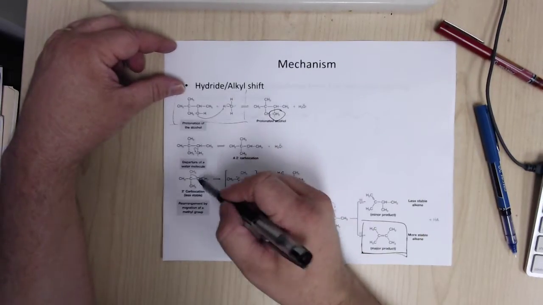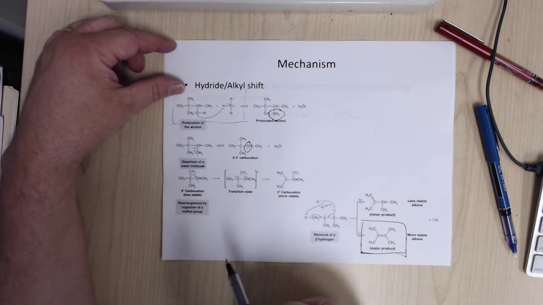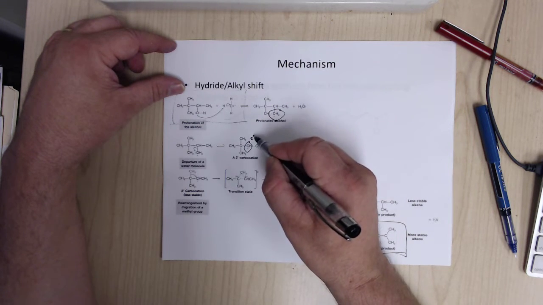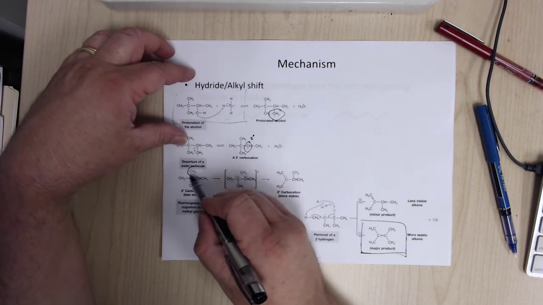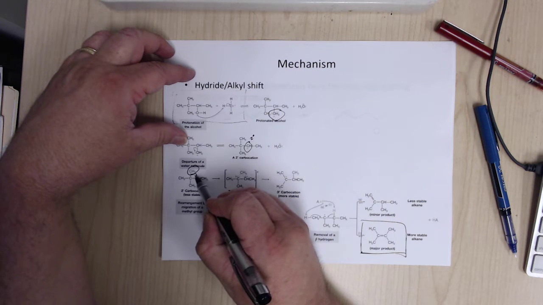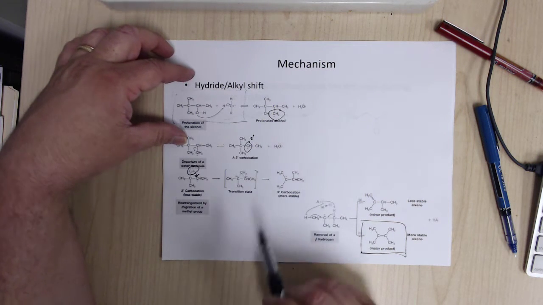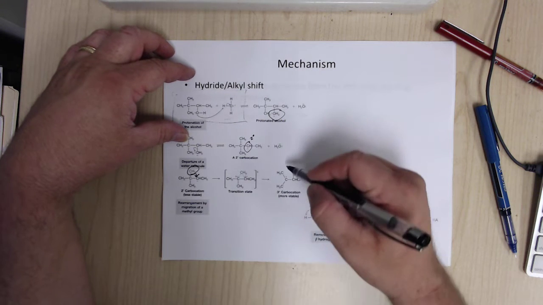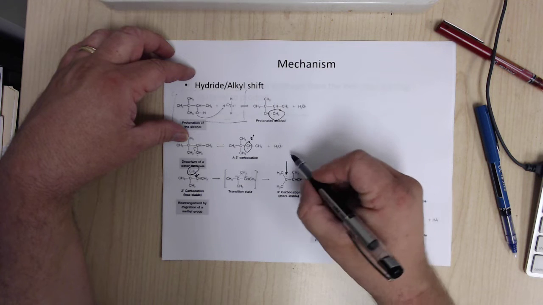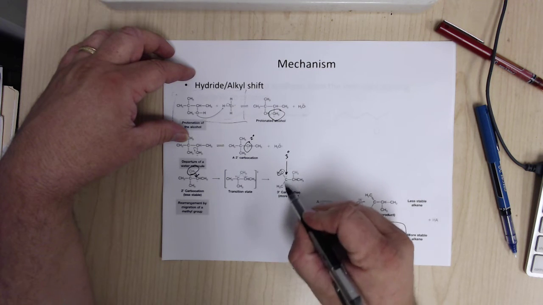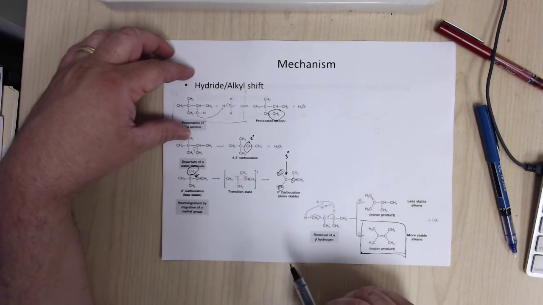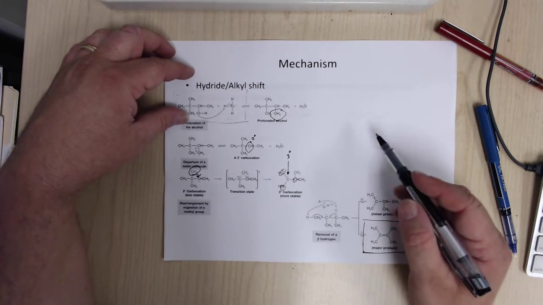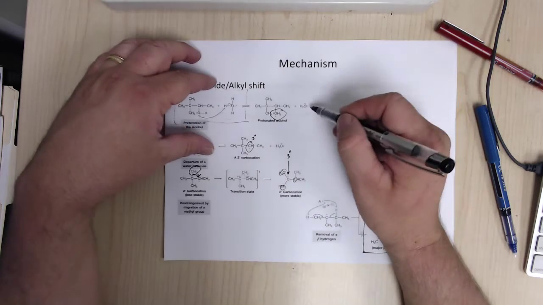That's going to go away to leave behind the carbocation. Now here, that's a secondary carbocation. In this case, if we move the methyl group over, okay, now that carbocation is tertiary, right, because it's got 1, 2, 3, much more stable.